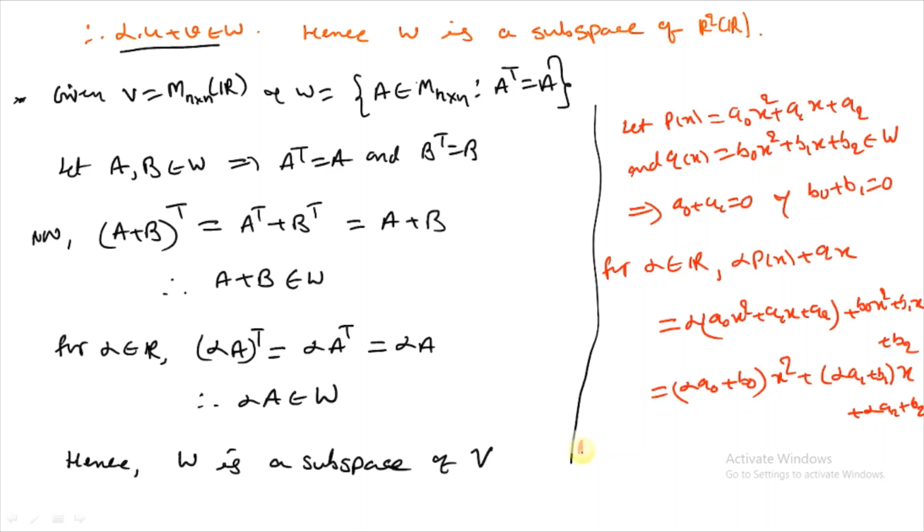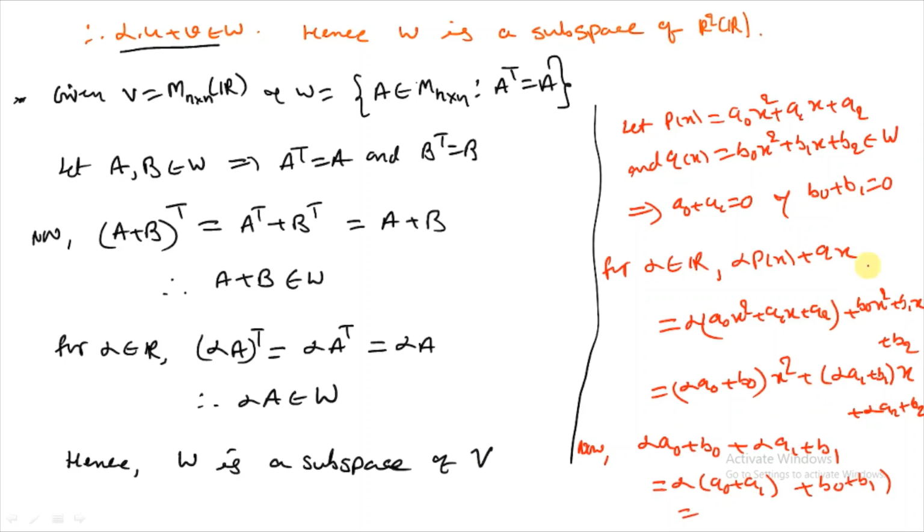Now the sum of the coefficients of x square and x is alpha a naught plus b naught plus alpha a1 plus b1. Check whether this is 0 or not. If we take alpha common, a naught plus a1 plus b naught plus b1.